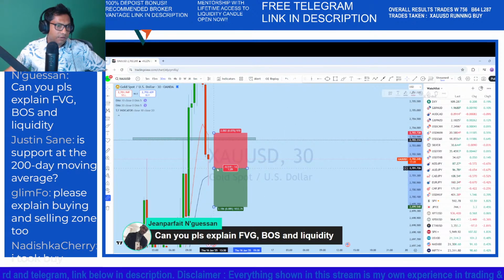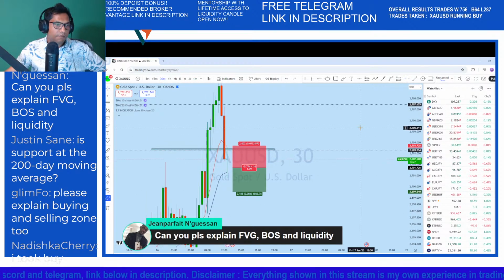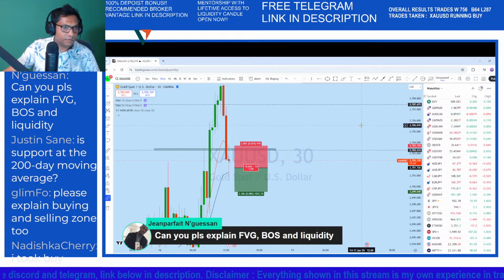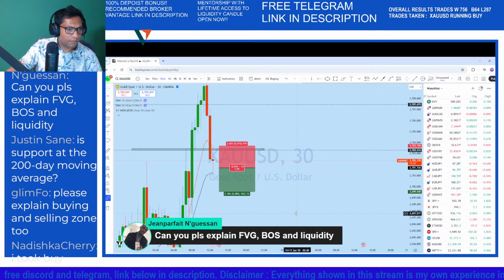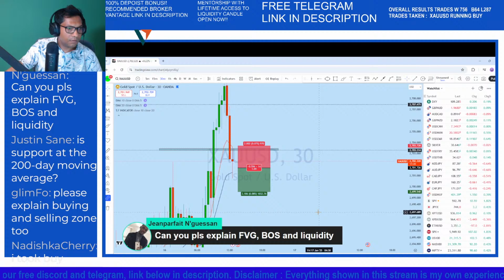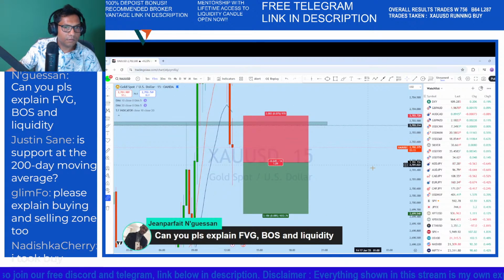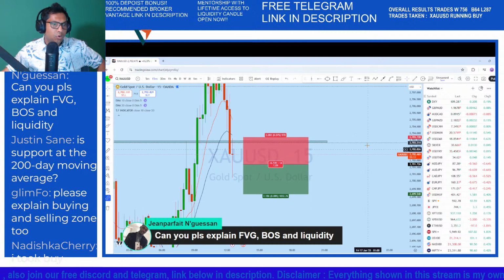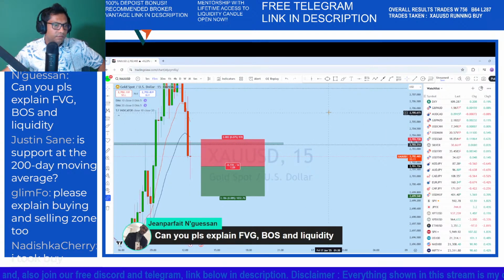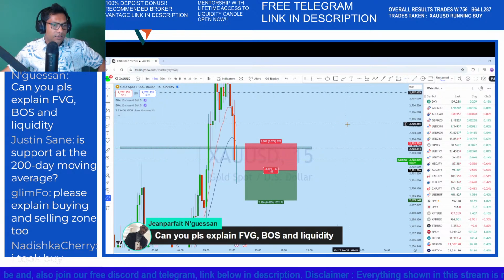So looking at 30 minutes here, you can see nearly to the close of the 15 minute candle.